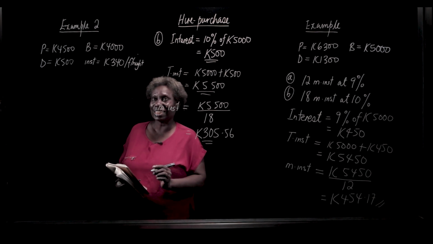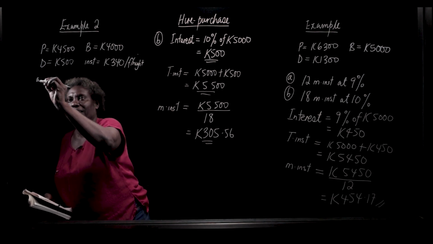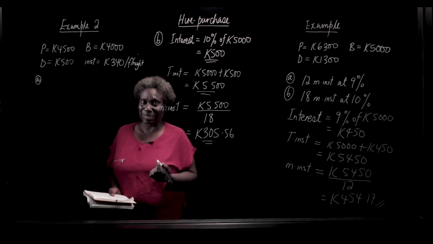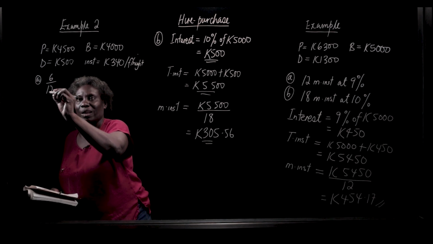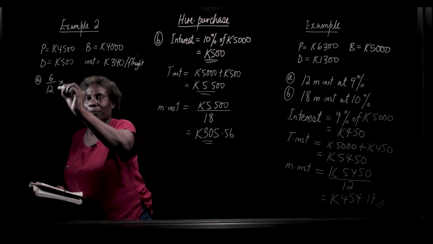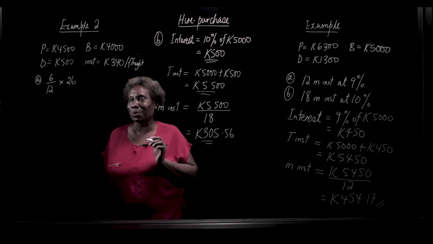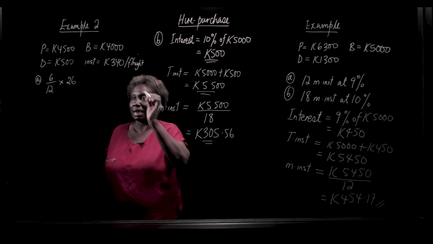We want to calculate the interest that he is going to pay at the end of 6 months. The first thing that we will have to calculate is the number of fortnights in 6 months. So we have 6 over 12 multiplied by 26 fortnights. Why we are putting 6 over 12 is because there are 12 months in a year.